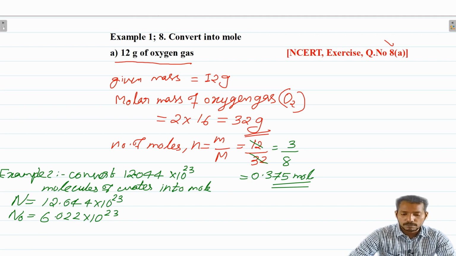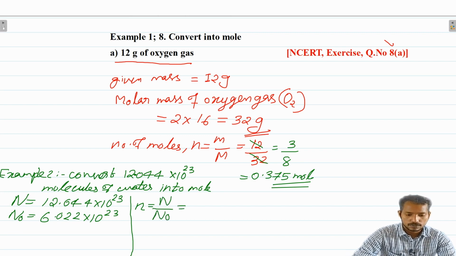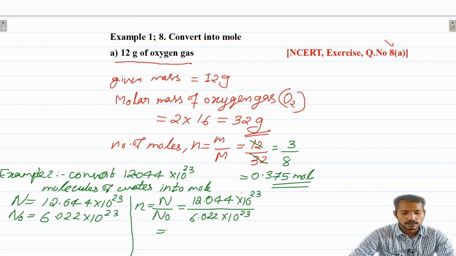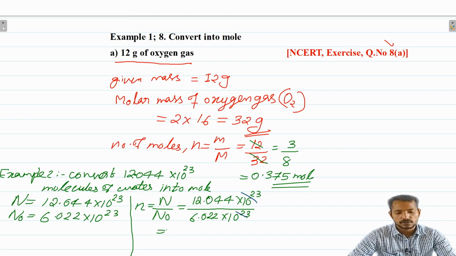Clear? So the number of moles will be the given number of particles divided by Avogadro number, which is equal to 12.044 into 10 raised to 23 divided by 6.022 into 10 raised to 23. So divided, what will you get? 10 raised to 23 divided by 10 raised to 23 is cancelled. 12.044 divided by 6.022 is equal to 2.